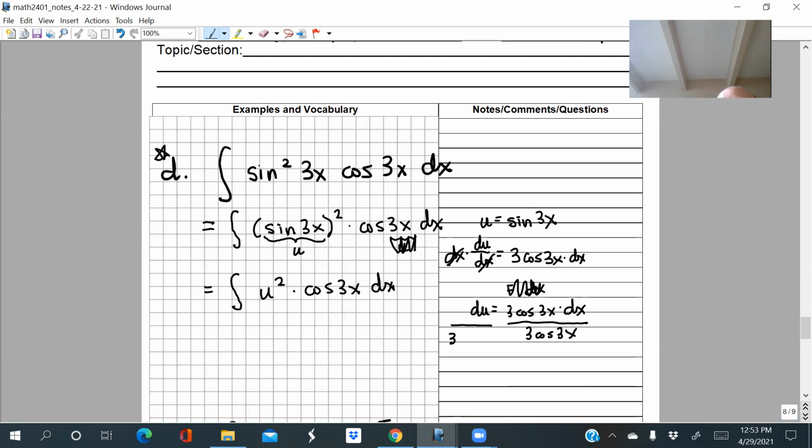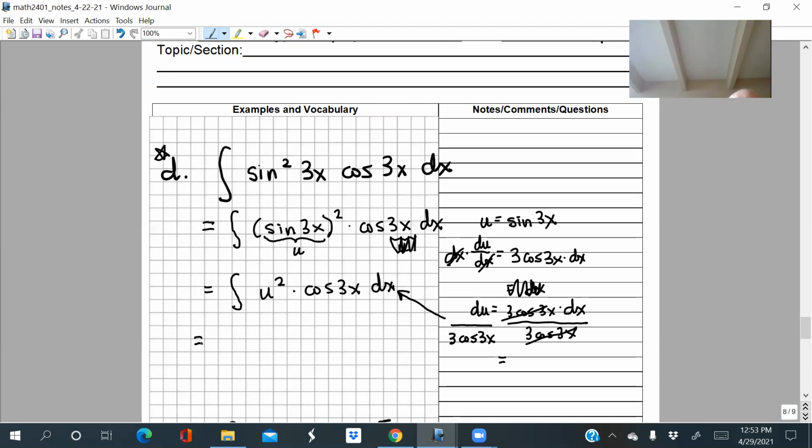You just got to get rid of this. So divide both sides by 3 cosine 3x, perfect. And then these divide out, right? So you get dx equal to du over 3 cosine 3x. And that's what you're going to plug in for dx up here.